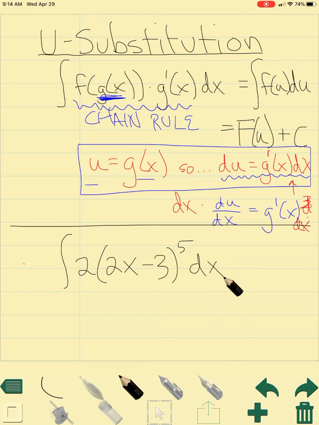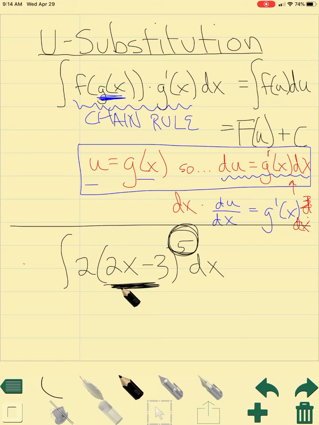What you could do is multiply 2x minus 3 by itself 5 times and integrate it that way. You would end up with the same answer, and that's fine. But if you want to make it a little bit easier, we can actually still use the step up rule, but the reason why we can't use it right now is because on the inside here we don't just have a derivative that's equal to 1.